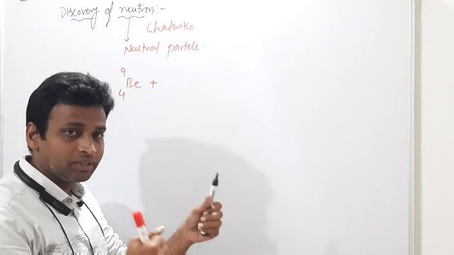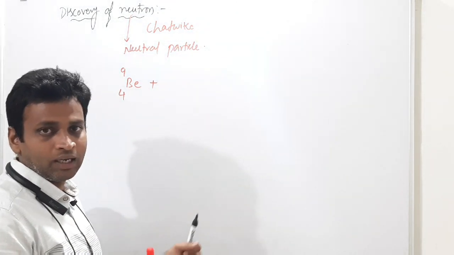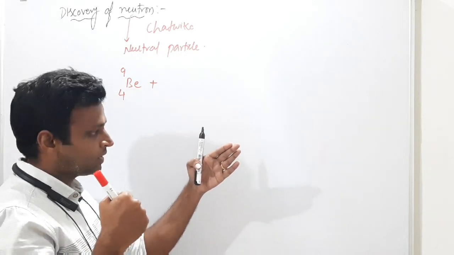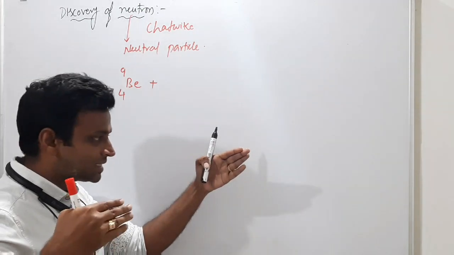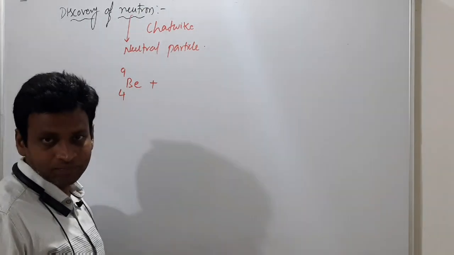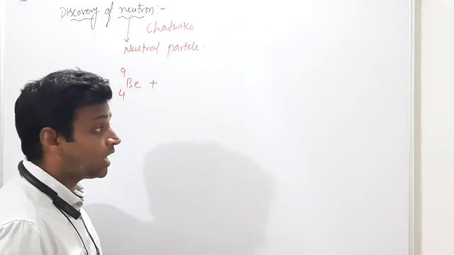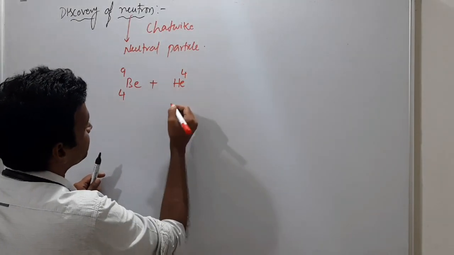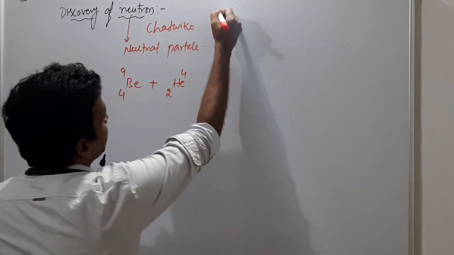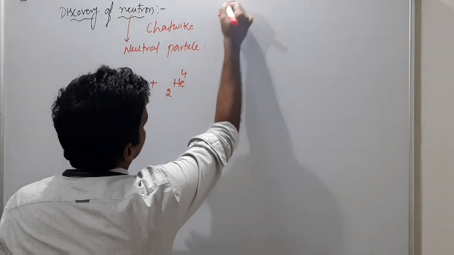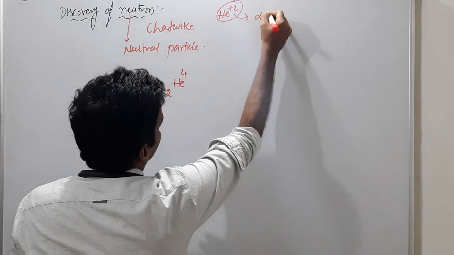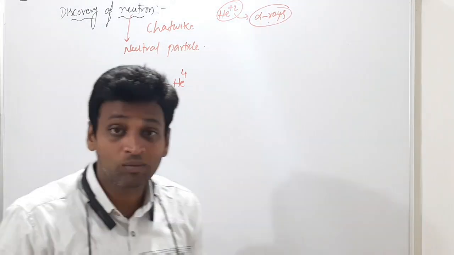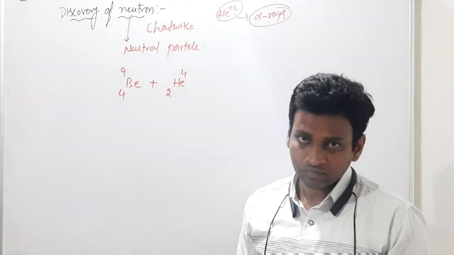Bombarded means hit. What did he send through the beryllium sheets? Alpha rays. Do you know alpha rays mean helium-4? 2He4. He2+ means the particle with 2 electrons removed from helium is called an alpha ray.